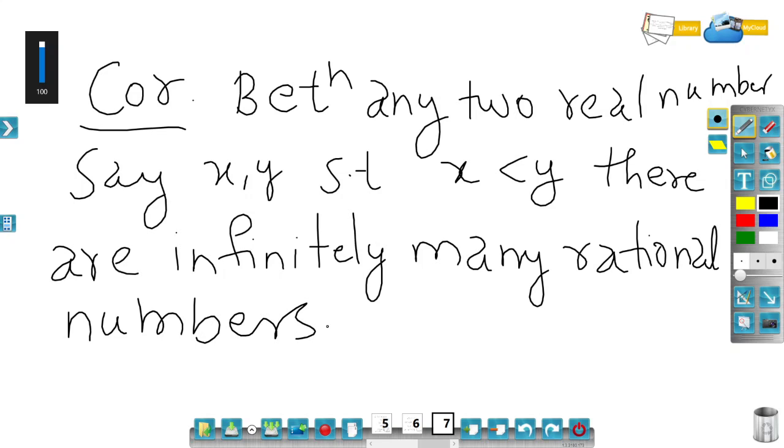This theorem is purely based on the density theorem which I have put just now. So if I get two real numbers, then I can find infinitely many rational numbers.